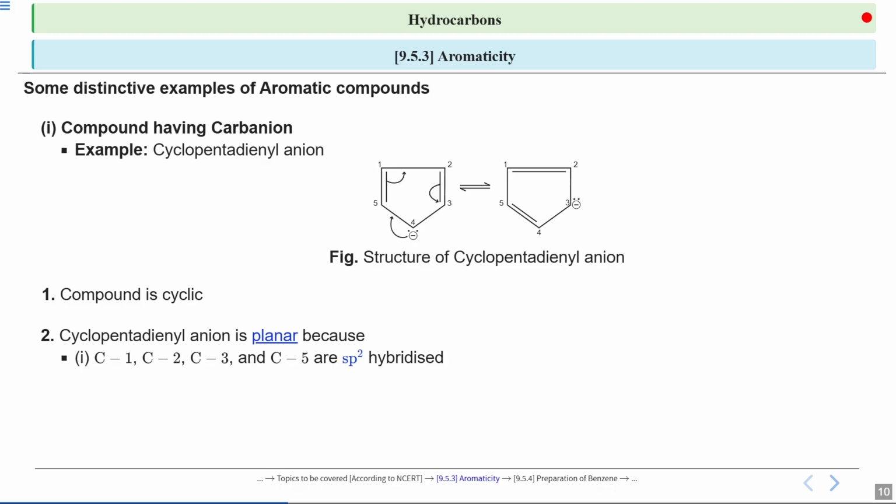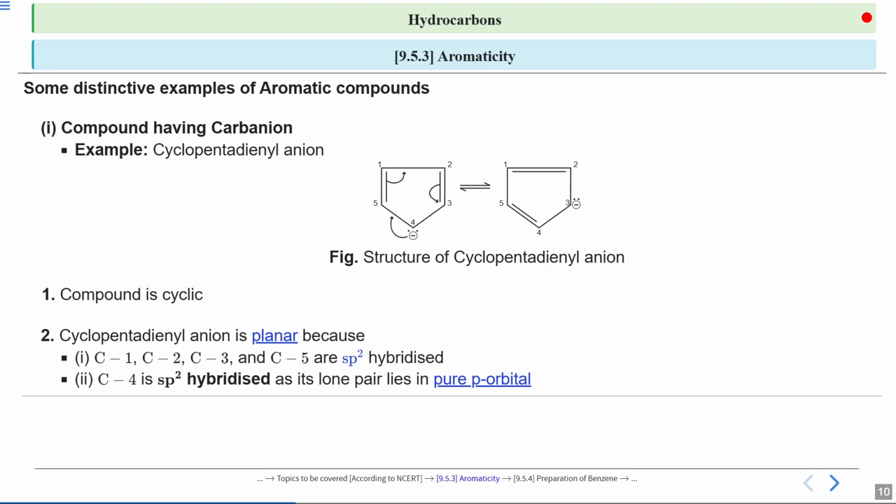These p orbitals line up side by side, allowing for the delocalization of electrons above and below the plane of the ring. Your C4 is also sp2 hybridized. Remember, this is very important: your C4 is also sp2 hybridized and your lone pair is lying in the pure p orbital.